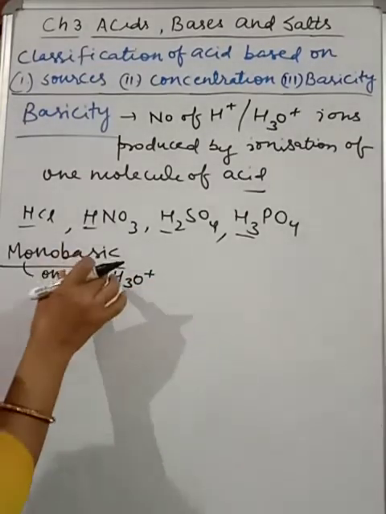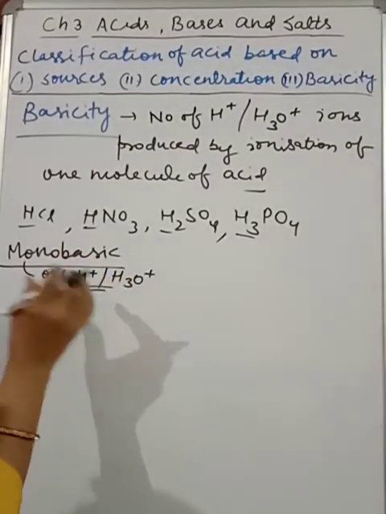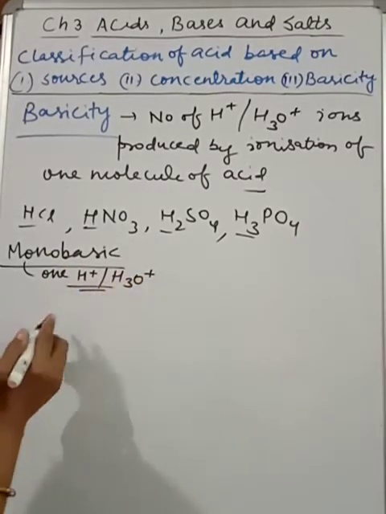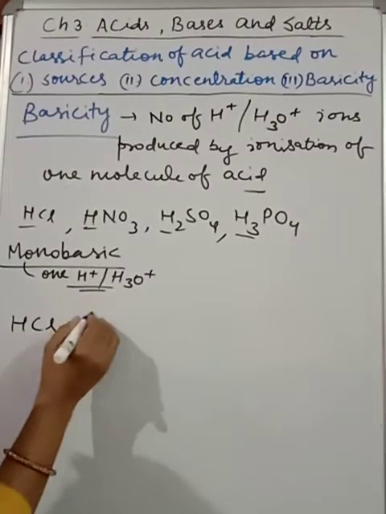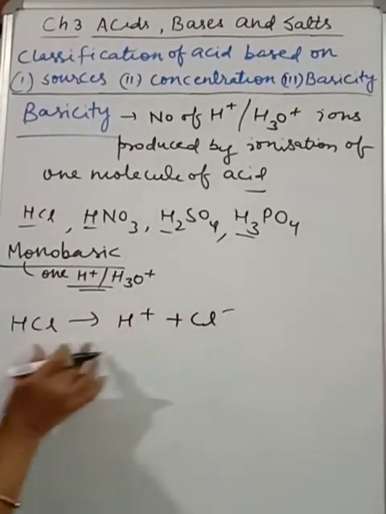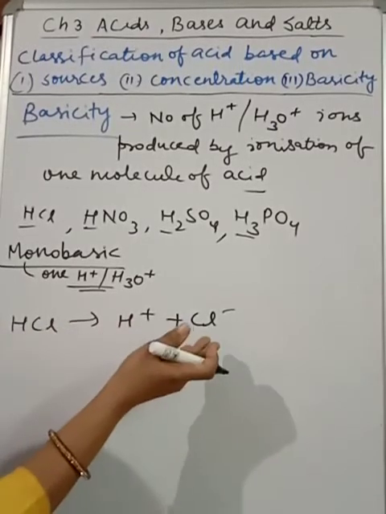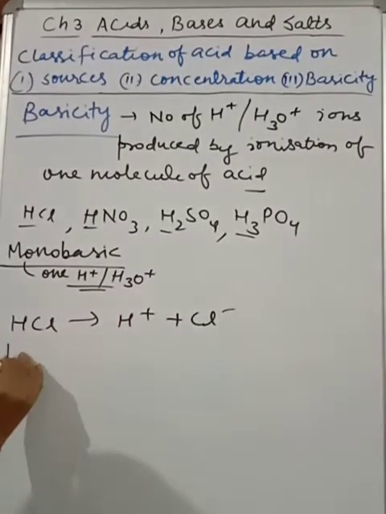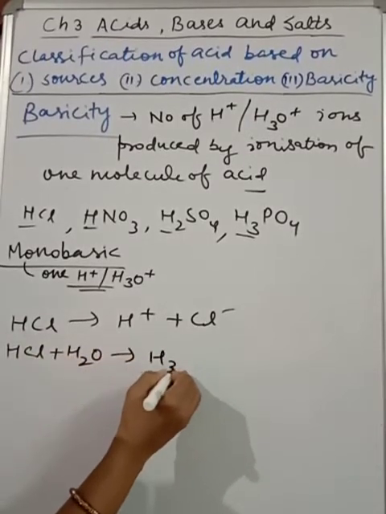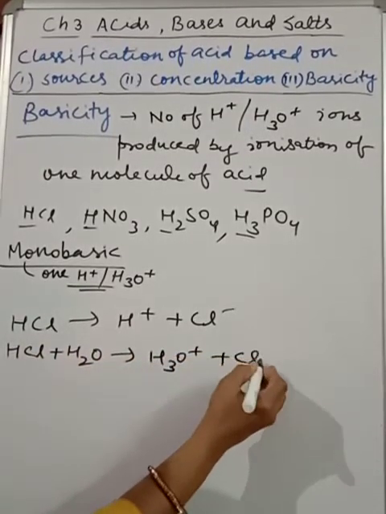Understood? So when one molecule of acid is capable of furnishing one H+ or H3O+ ion by ionization, then that kind of acid is known as monobasic acid. Like see this, when we think about HCl, we can get one H+ ion, or when we take the aqueous form of HCl, then we will get H3O+ and Cl-.